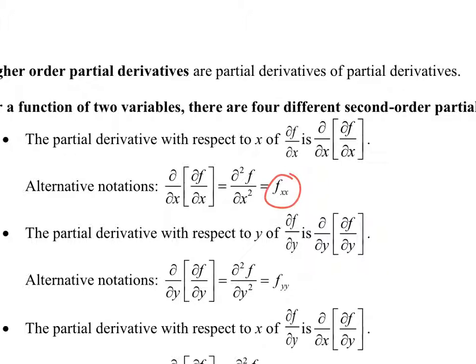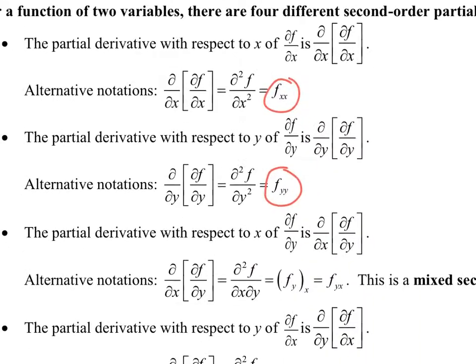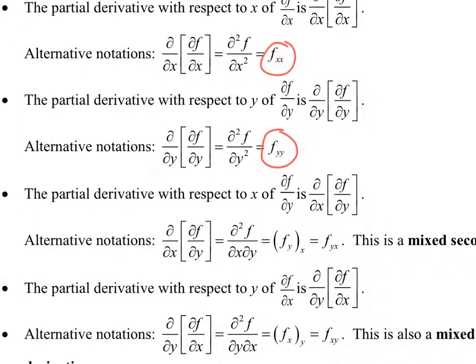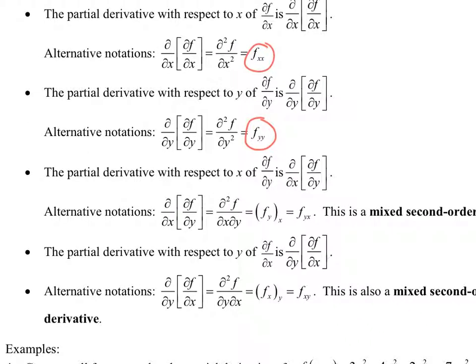You might have taken the first derivative with respect to y, and then the second derivative with respect to y. If that's the case, your notation would be f sub yy. It's the mixed second order partials where things start getting a little bit more precise, because how you write it as a subscript should be consistent with how you took the second derivative.